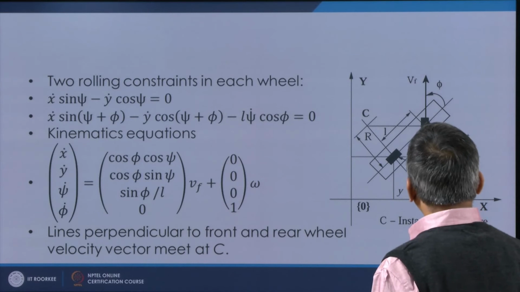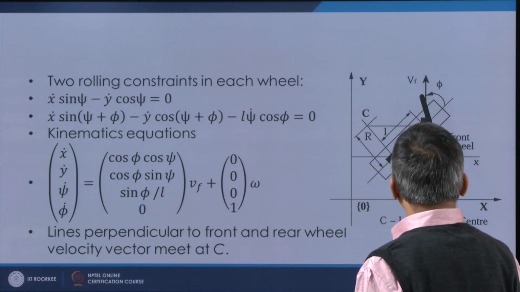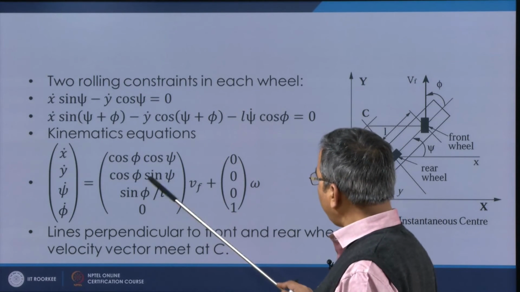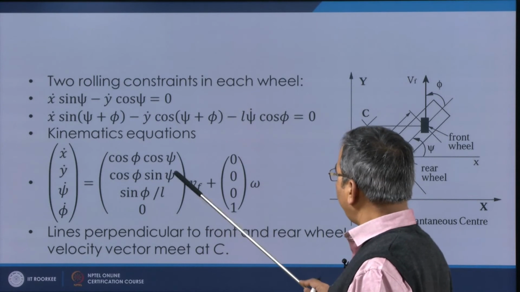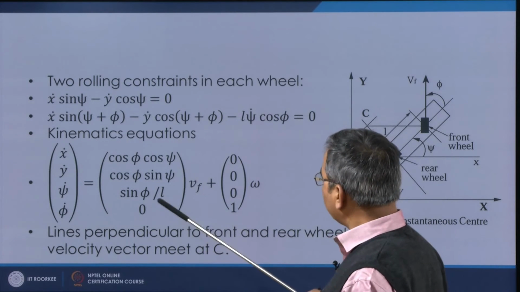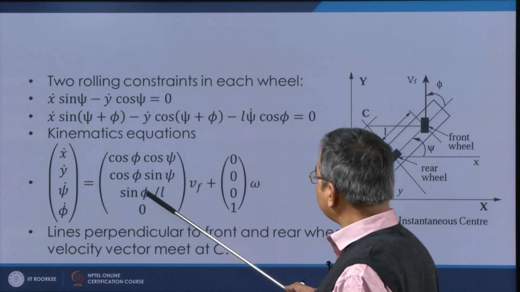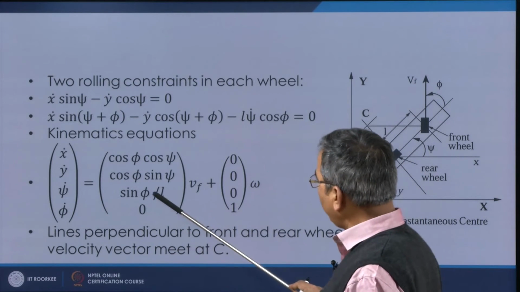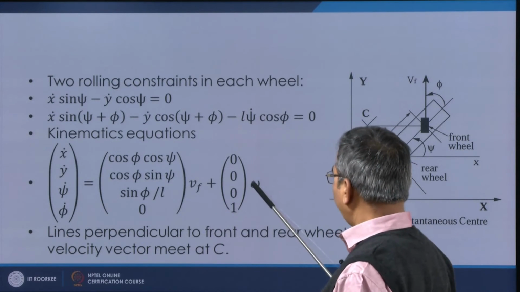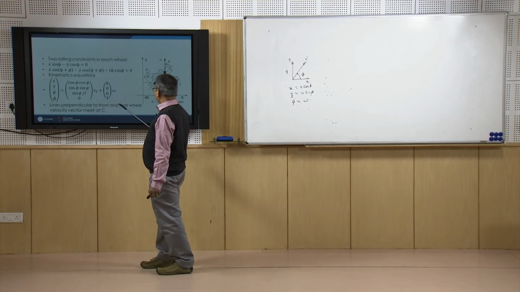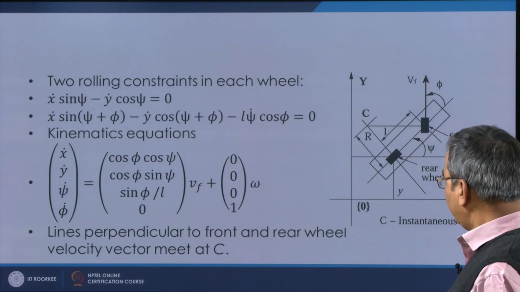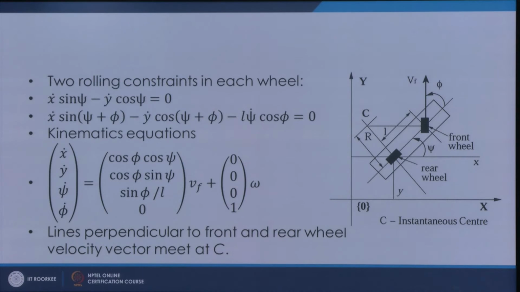Similarly, the y component I can get, that is Vf cos phi and its sine component, Vf sin psi cos phi. And for psi dot, basically Vf cos phi will also be equal to L psi dot, so from here I can get the value of psi dot, and of course phi dot will be given by omega, okay. Lines perpendicular to the front and rear wheel velocity vectors meet here at, say, C, which is the instantaneous center of rotation.